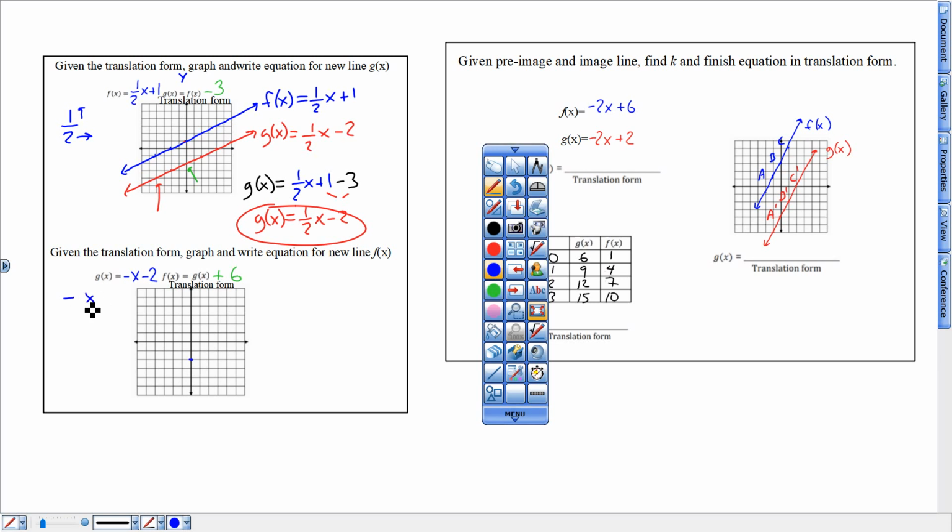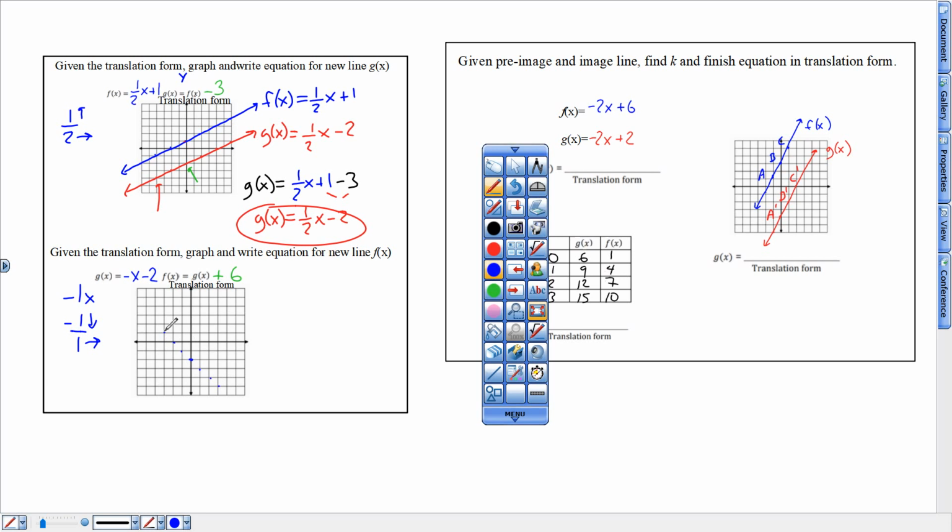That's really -1x. And if you take that -1 and make it into a fraction, you put that over 1. So that -x really is going over 1, down 1, over 1, down 1, right 1, down 1. Stair step the opposite way, up 1, left 1, up 1, left 1.